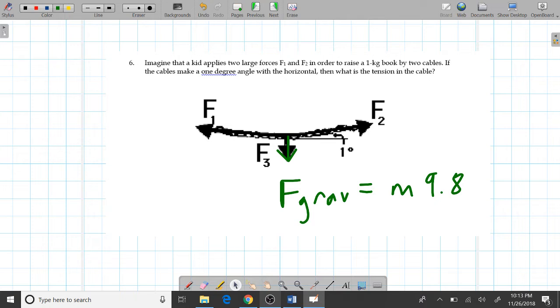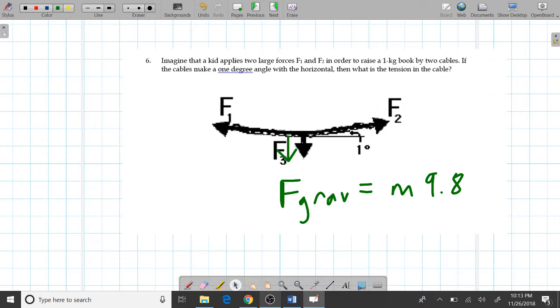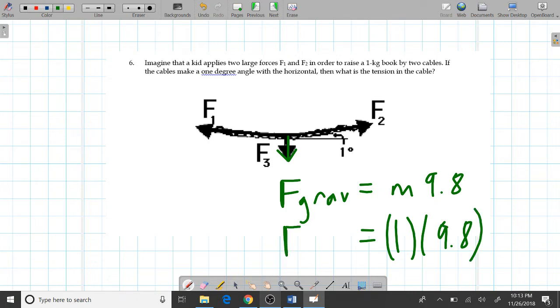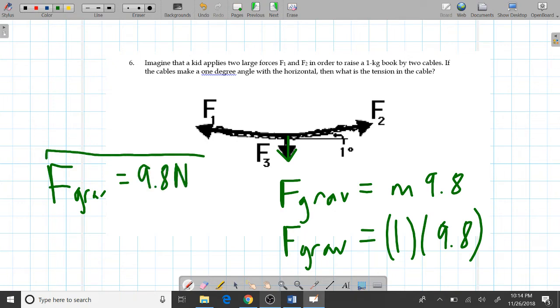In other words, I just plug in 1 kilogram times 9.8 to get my force of gravity. That's easy. 1 times 9.8 is nothing more than 9.8. So I'm going to write that off to the side here. The force of gravity here is equal to 9.8 newtons.